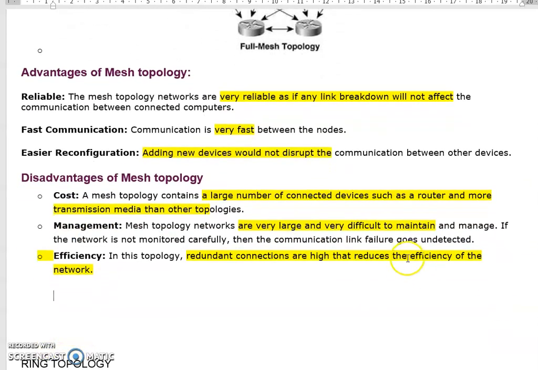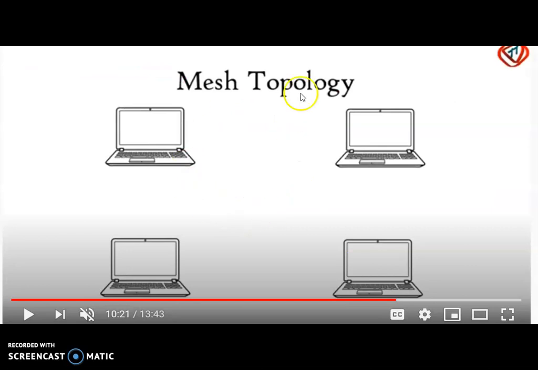Then the management is very large, so it is very difficult to maintain. And the redundant connections are high. The same thing we took as an advantage, we will also consider as a disadvantage. Redundant connections are sometimes useful when one link fails, but redundant connections also reduce the efficiency of the network. And this is the example for this mesh topology.